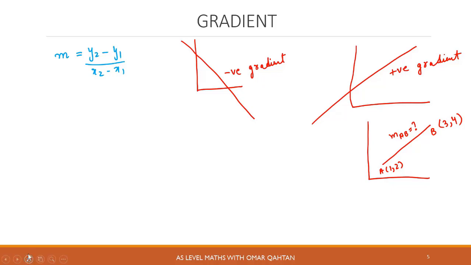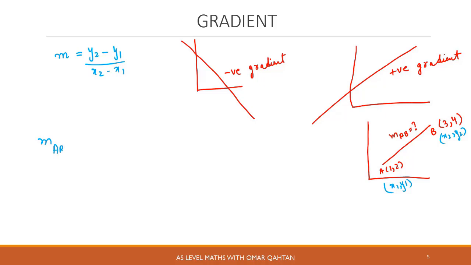Again, a very important thing: if you write these coordinates in this form, x1 y1 x2 y2, that would be pretty helpful. Just substitute those coordinates in the formula and you will find it.